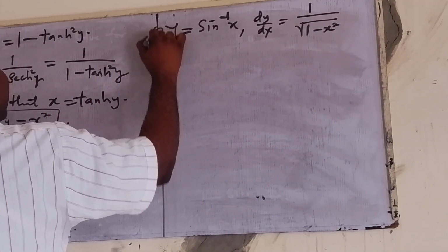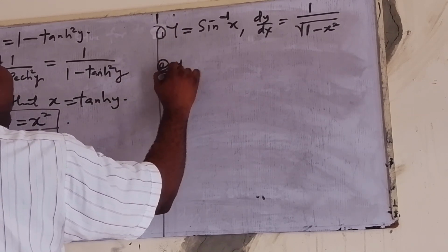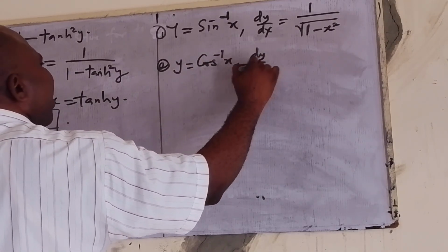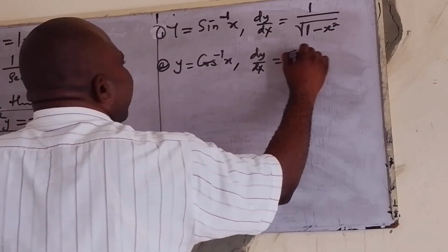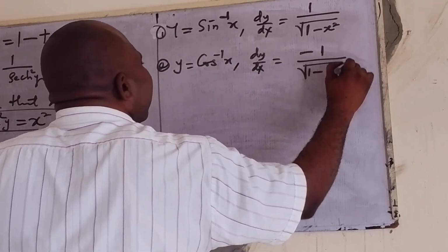That's number 1. Number 2, if y is equal to cos inverse of x, dy over dx will be equal to minus 1 all over the square root of 1 minus x squared.